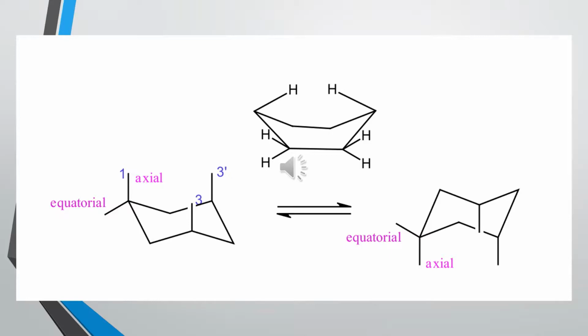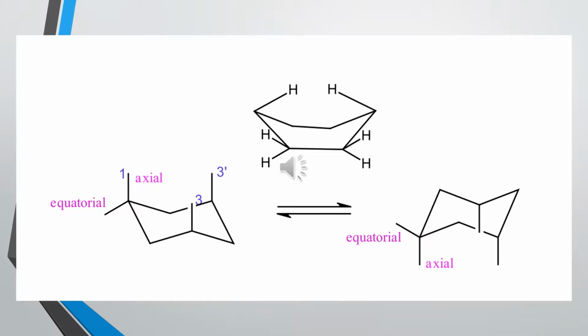It's a 1-4 interaction. Not only that, but you have eclipsing interactions on neighboring carbons, right? Carbon 1, carbon 2 have eclipsing interactions, and that's shown, and that's true also on the opposite side of the molecule.